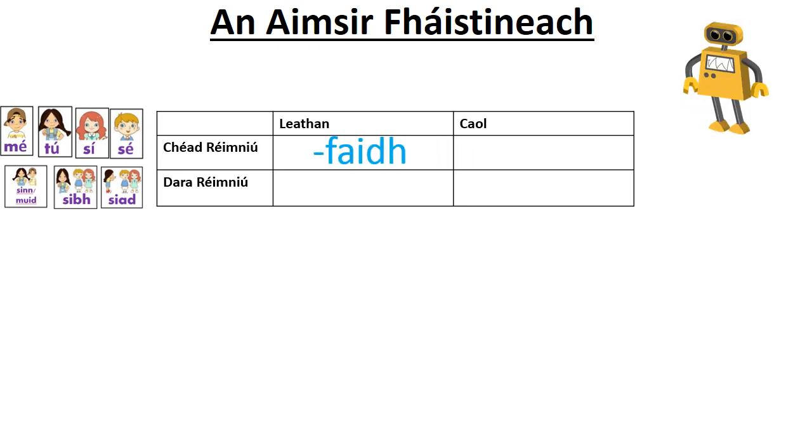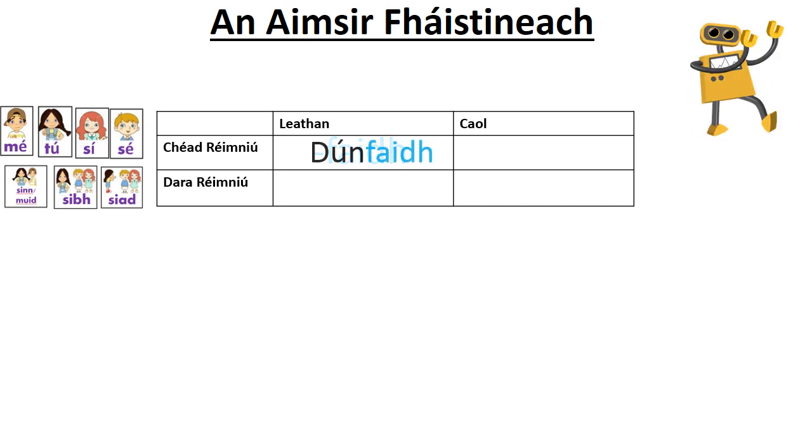And it's this. Now, you're looking at this and it looks like fade, but you'll hear the way I pronounce it now. Dún he. Now you can pronounce it as a he or a fee. Most people would say he, so it's dún he.